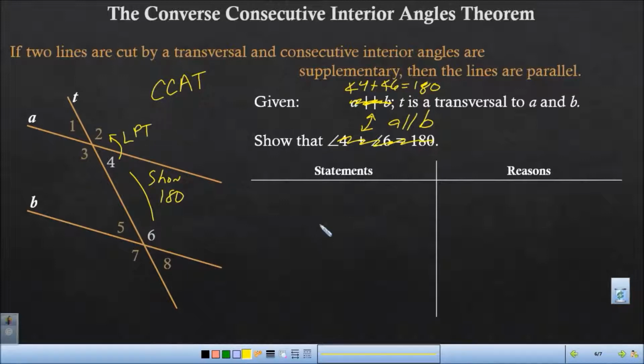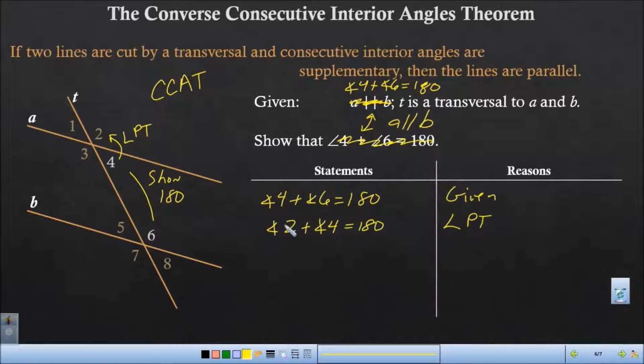Okay, so we start off with angle 4 plus angle 6 equals 180 by given. And then we say that angle 2 plus angle 4 is equal to 180. And this is by the linear pair theorem.